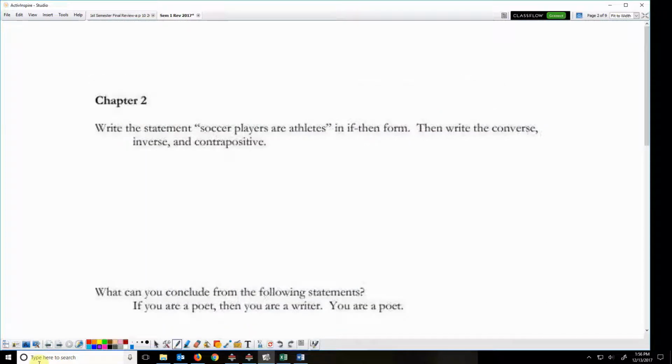On page 2, we'll start chapter 2. Write the statement, soccer players are athletes in if-then form. So in if-then form, if you are a soccer player, then you are an athlete.